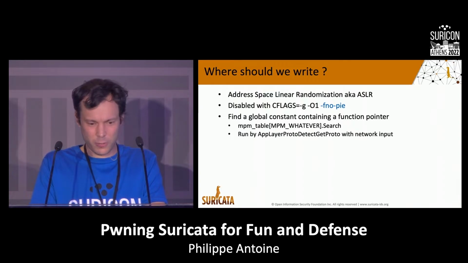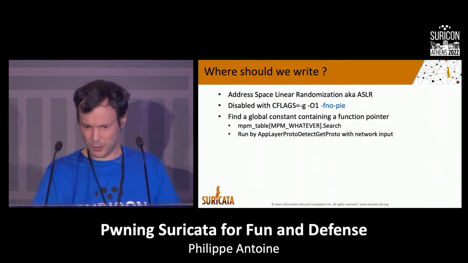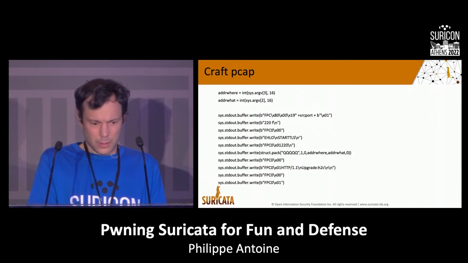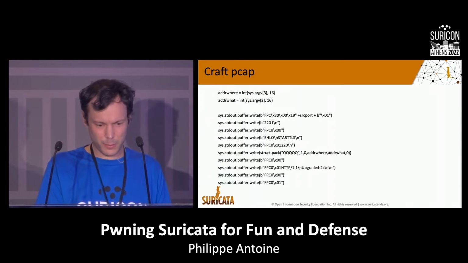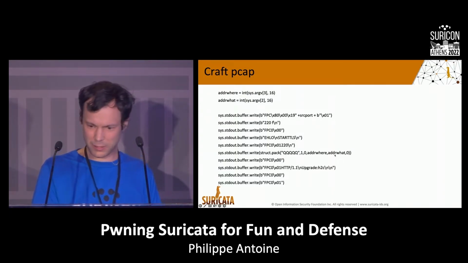And I looked for a global constant containing a function pointer to overwrite my function pointer with my system exploit. And I crafted a pcap with my struct.pack where what.